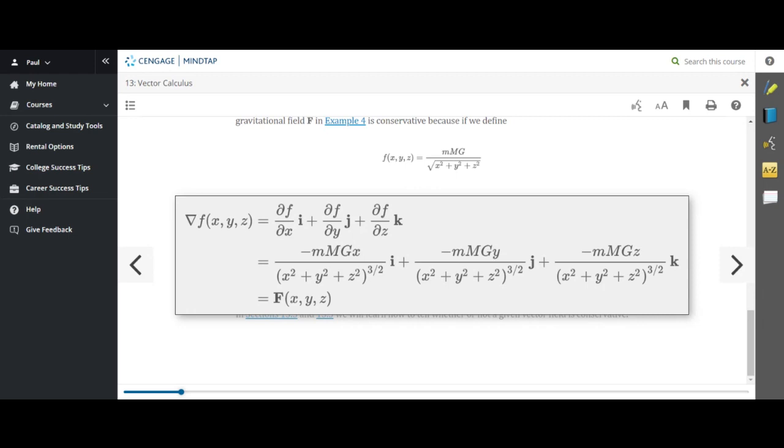But essentially, if I wanted to graph the gravitational field in three-dimensional space, I'm going to have to substitute in some numbers. Okay, and that's what I do.